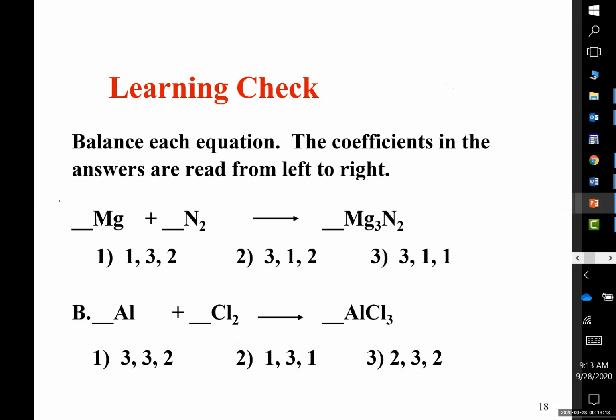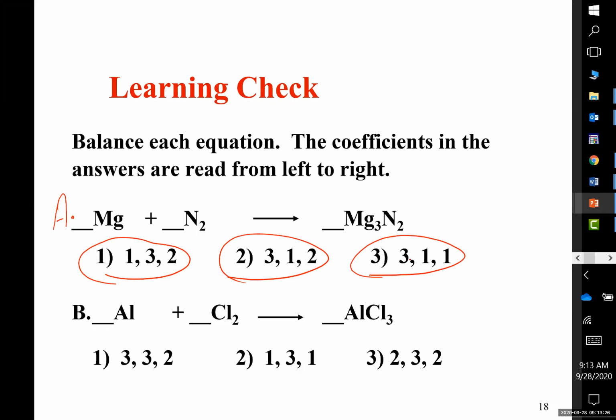In part A, you have three options. Are these correct? Which one of these is the correct combination of coefficients? So I need a coefficient here, and a coefficient here. Option 1, 2, 3 shows the order of coefficients.